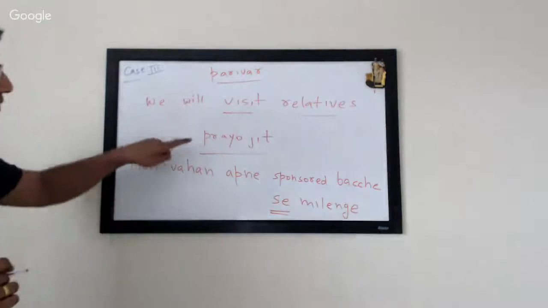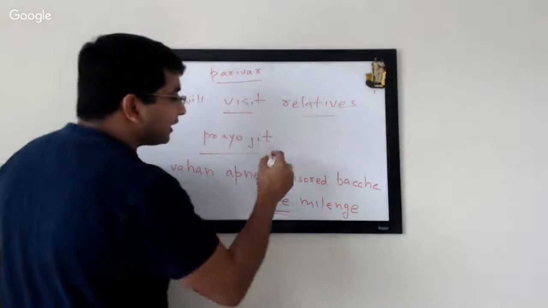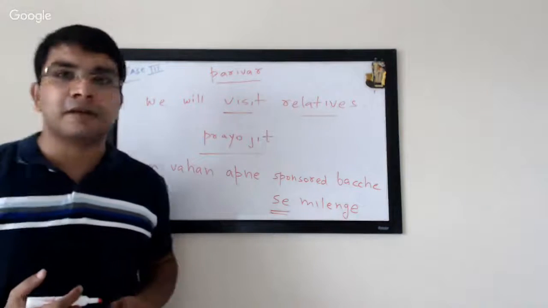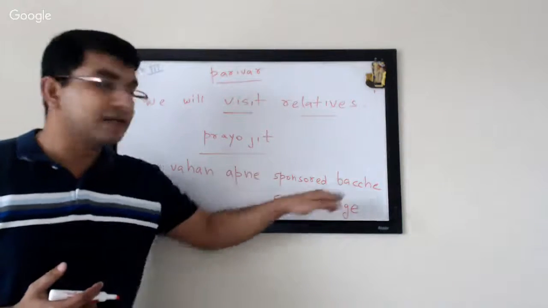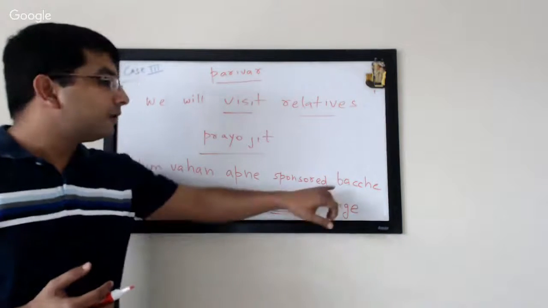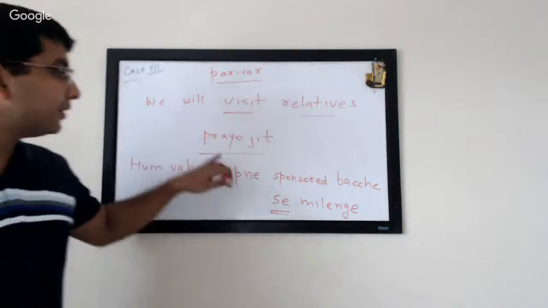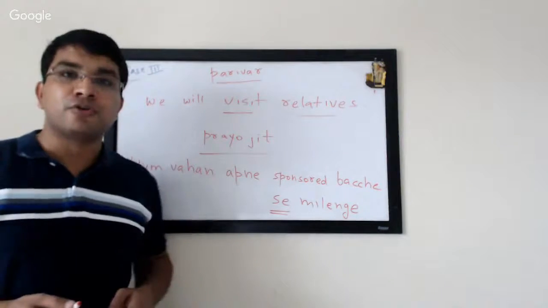I have to see whether it will really fit here, but in general, prayojit is like if you're sponsoring a program or something like that, it will definitely fit there. I'll look up to see if it will make sense in the case of a kid as well, right? But if you're sponsoring a program or an event, you can say prayojit.